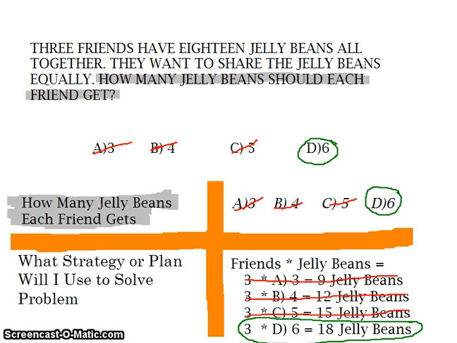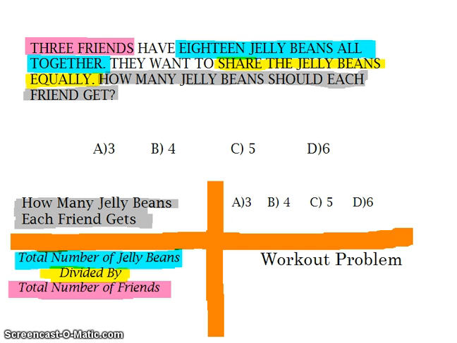Now, if we don't know our multiplication problems, but it's very important that you do, let's look at how we could solve the problem another way. The plan that I would use in order to solve this problem would be the total number of jelly beans divided by the total number of friends.